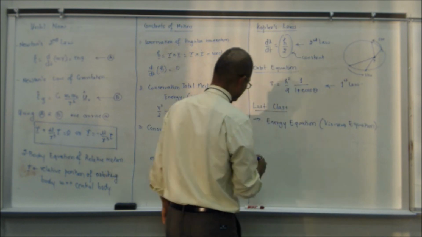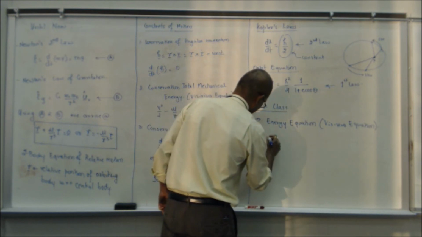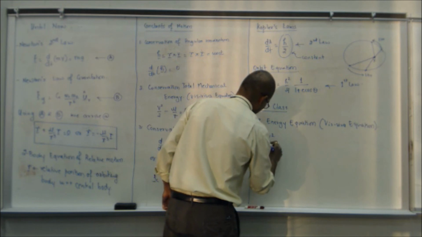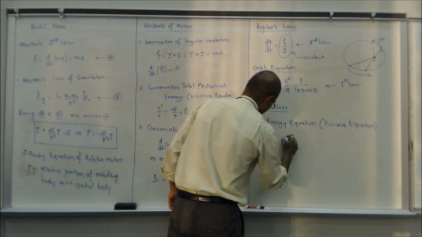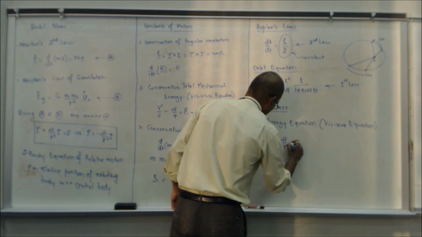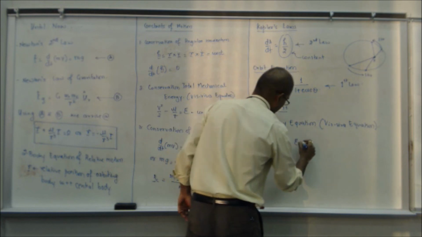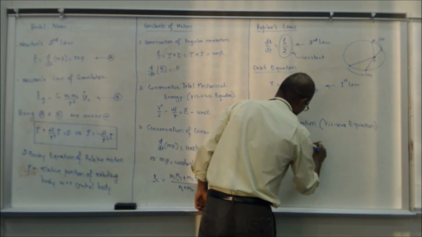So what does it say? It says v squared over 2 minus mu over r is equal to epsilon, which is a constant.